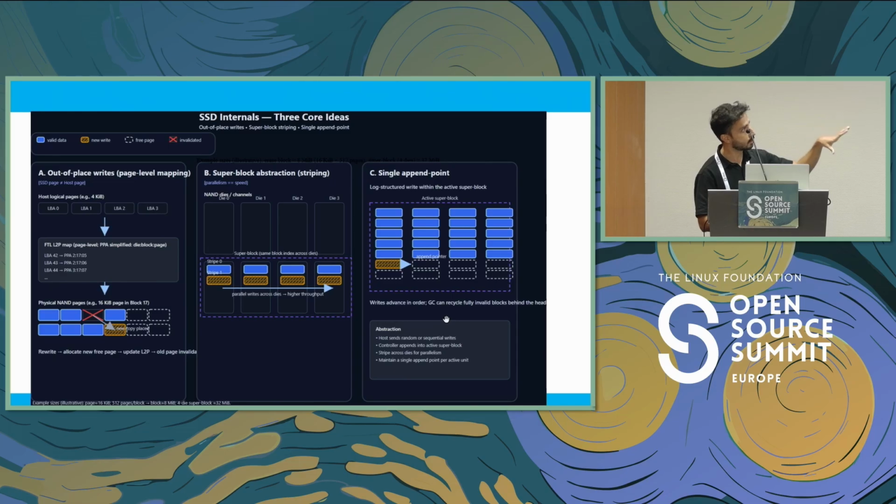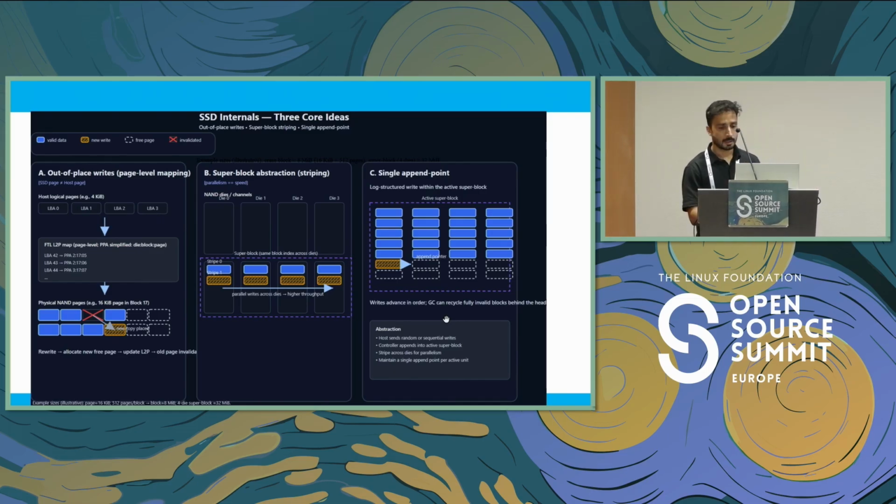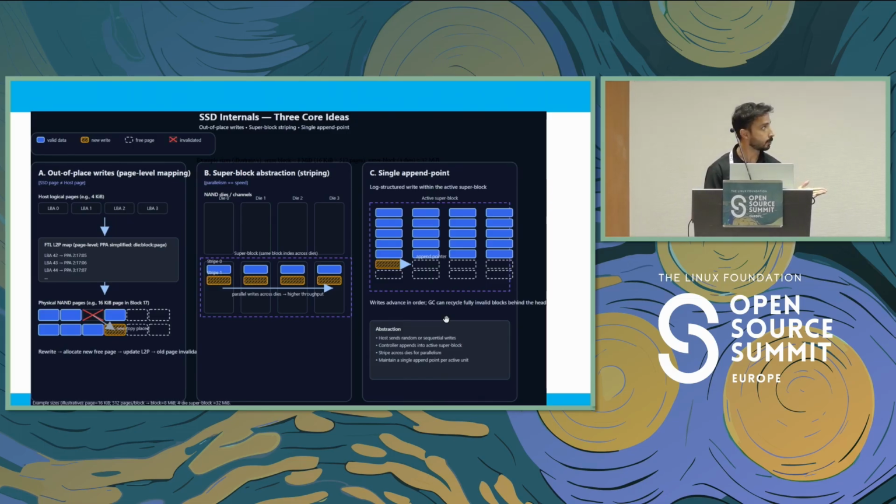Once a block is full, it will change the block, and it will write in a sequential fashion in that particular block. So this single append point also has some implications. So yeah, these 3 points are how things are internally within the SSD as far as physical placement is concerned.